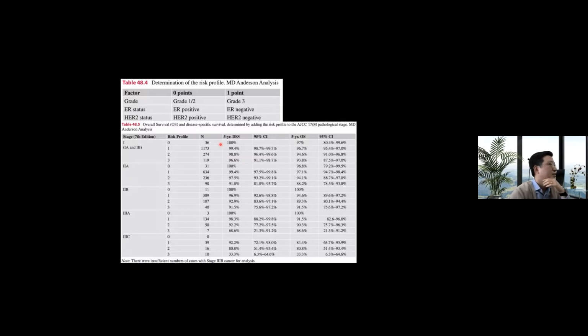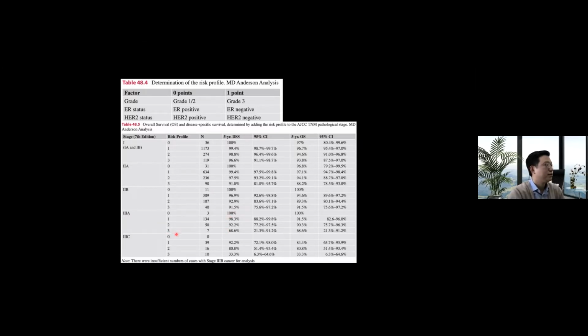It's similar in early stage, but when you go to the advanced stage like 3A, although the number of patients is not too many, if there is no risk profile, then 100% of the patients survived for 5 years.